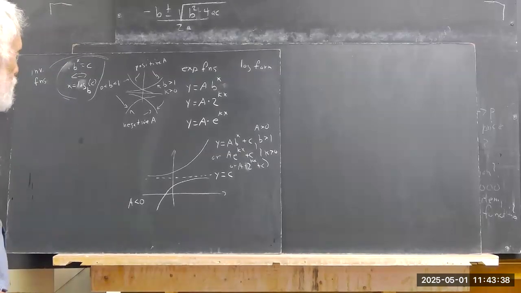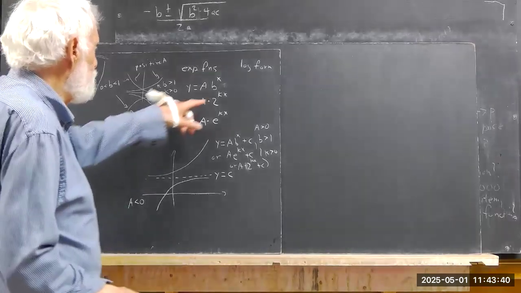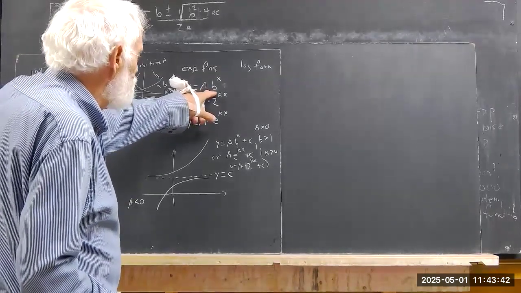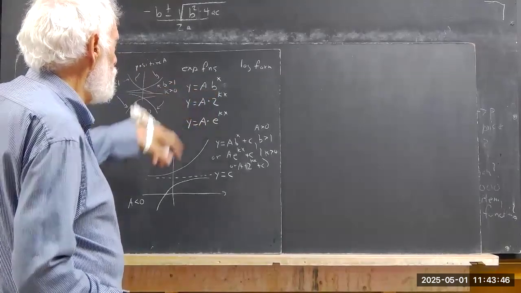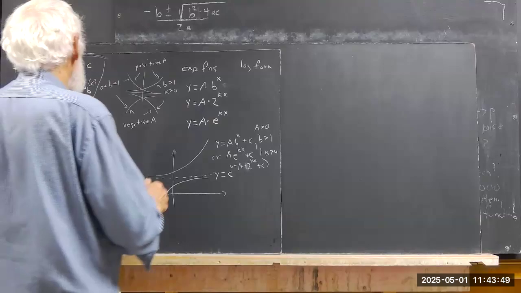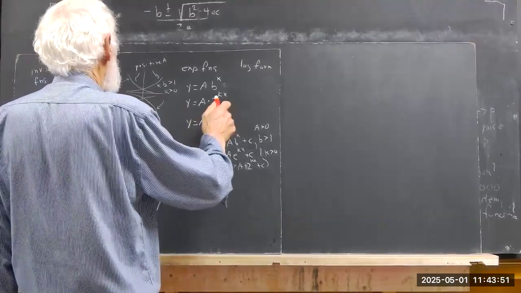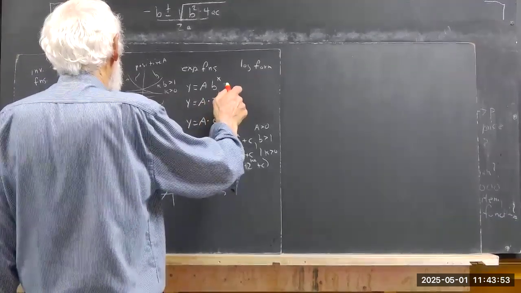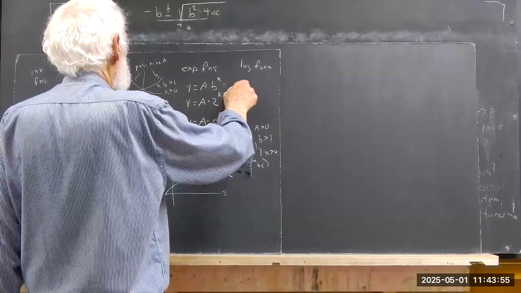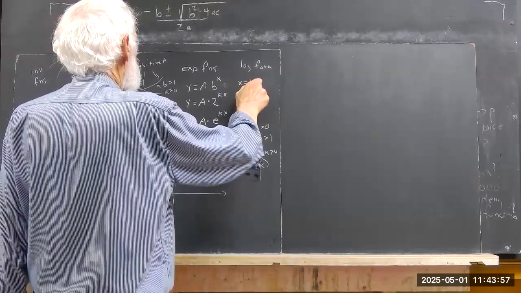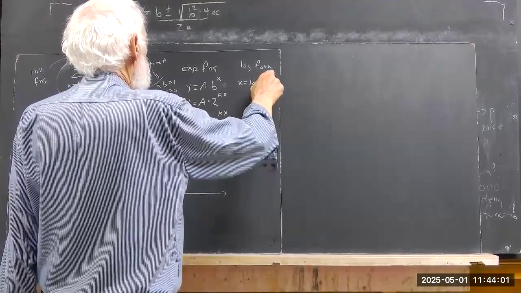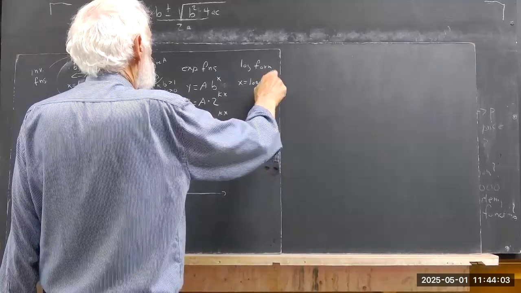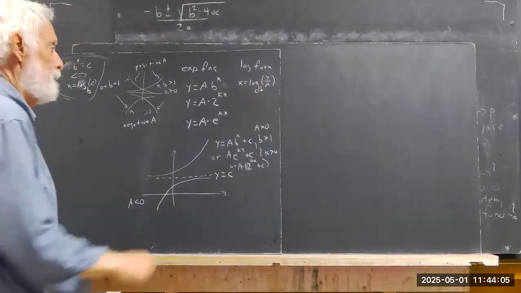Okay. Now, logarithmic form, you'd have to solve this for b to the x. You get b to the x equals y over a, so that x is log base b of y over a.